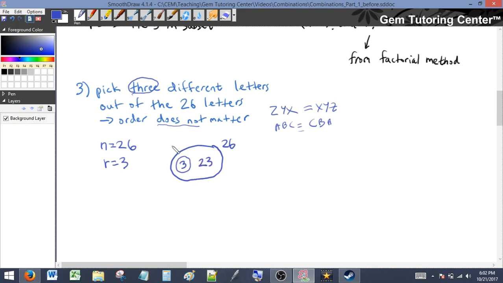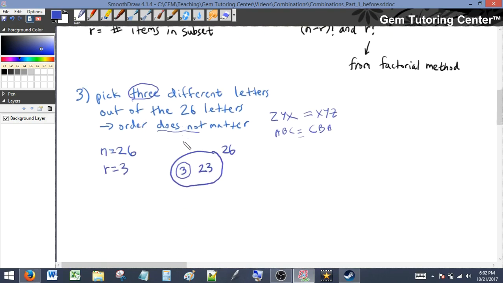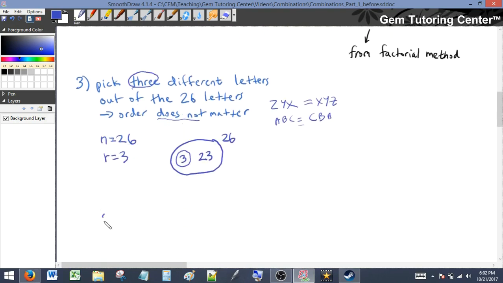Let's use the combination notation. It's n factorial divided by n minus r factorial divided by r factorial. So 26C3 is equal to 26 factorial divided by 26 minus 3 factorial divided by 3 factorial.